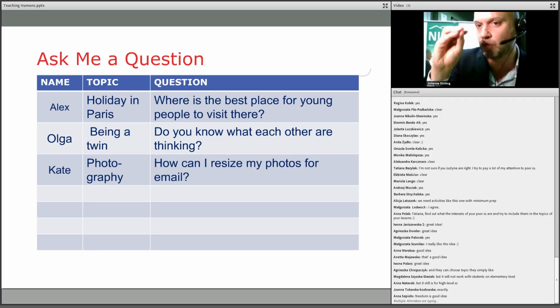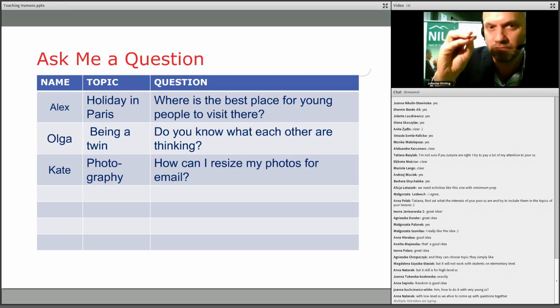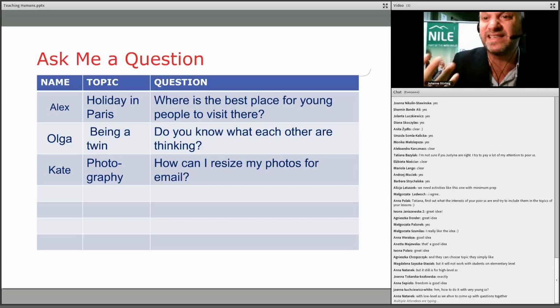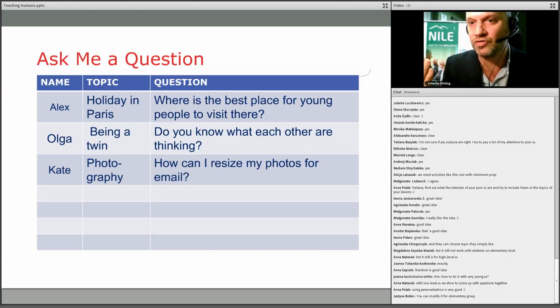Is it sport advertising? Is it sport results? Is it resistance to sport, dislike of sport? Could be anything within that topic, so that you're then saying to them, okay, we want you to talk about this topic, but we want you to develop your interests, because developing your interests develops your ability to talk and your ability to communicate.